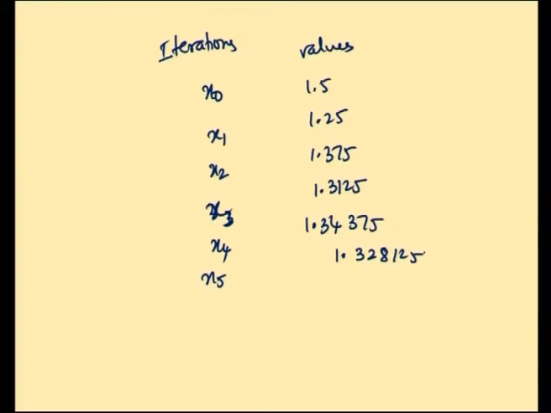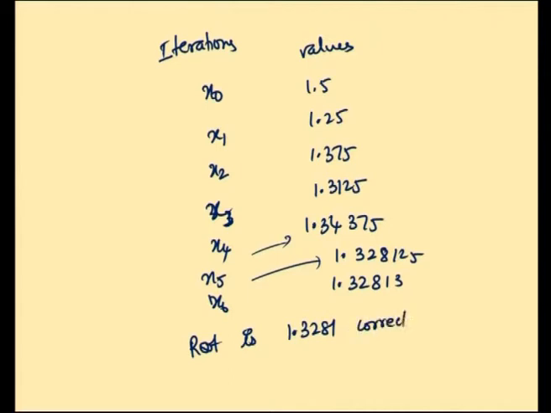Likewise it goes on with successive approximations, and ultimately we find that two successive iteration values are the same. So, we find that the root is 1.3281, because x6 is also going to be 1.32813 like that. So, the root is 1.3281 corrected to 4 decimal places.